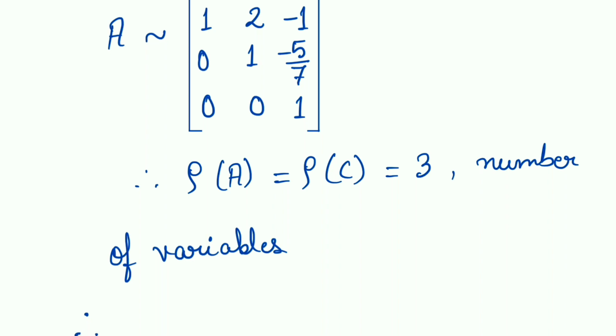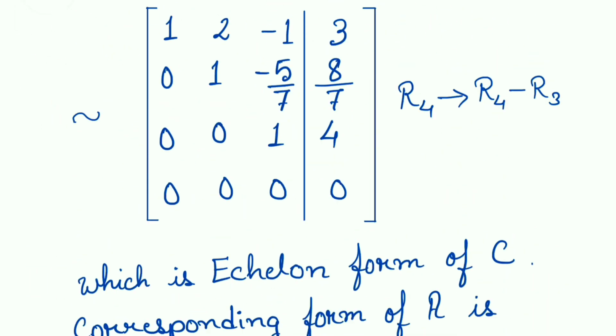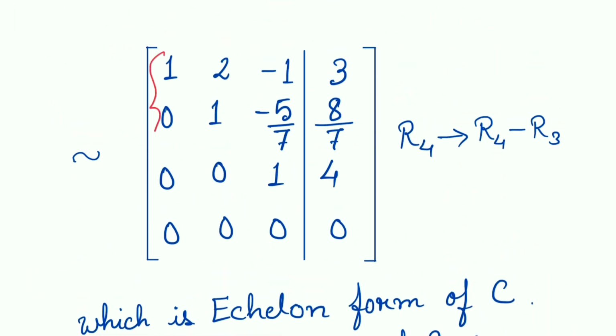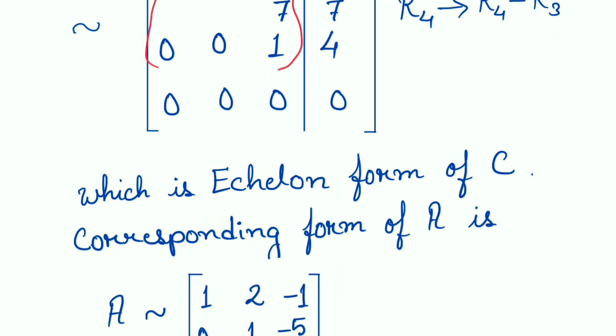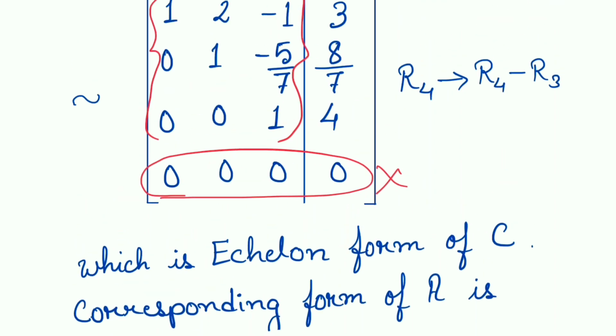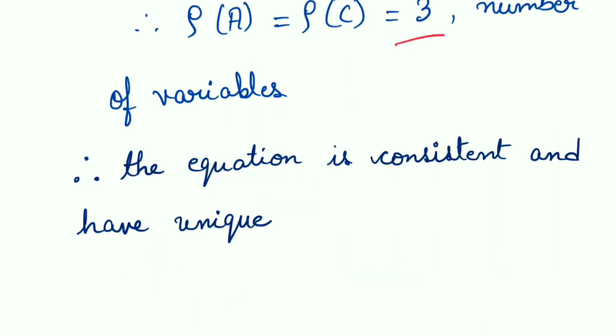You can see here this echelon form is the transformed form of the augmented matrix, and here you see we have only 3 non-zero rows, and the last row, that is row 4, is the null row.